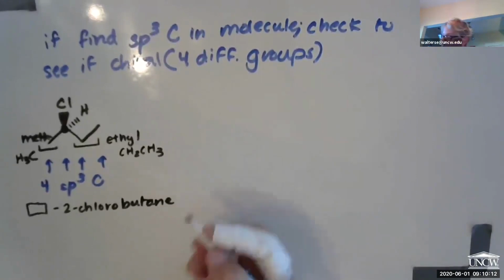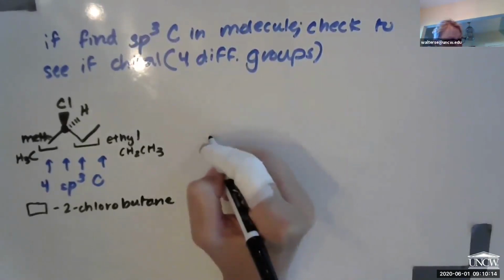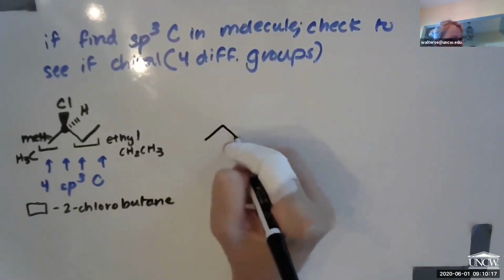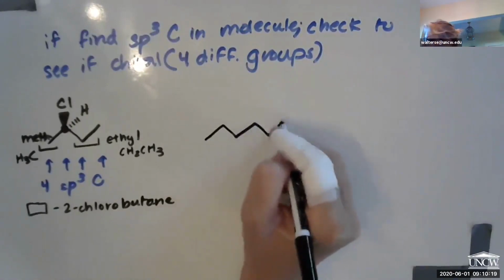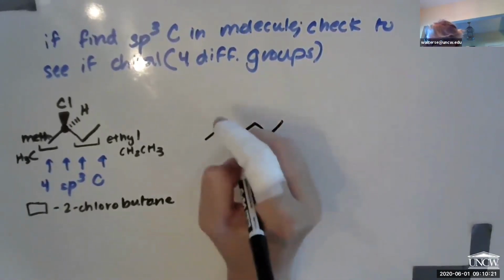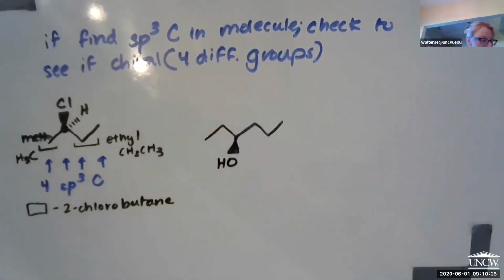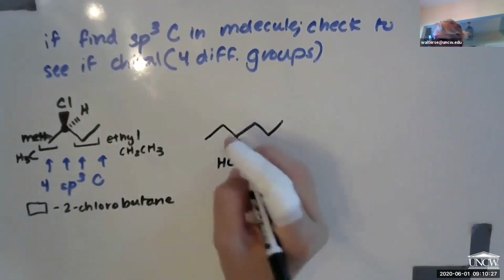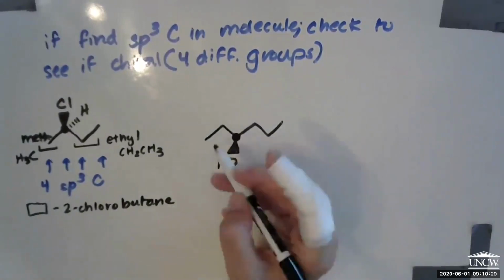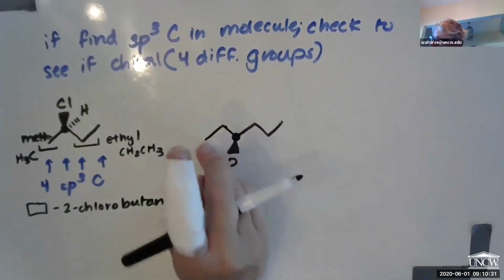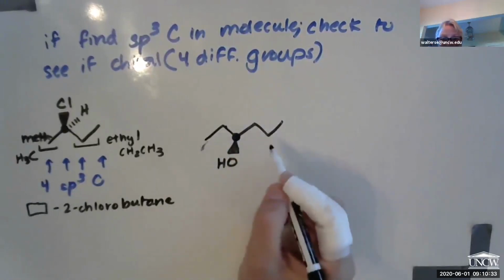All right, so the next one on the list, or on that slide, 2, 3, 4, 5, 6, has an OH here. So this is an alcohol. Again, this is the chiral carbon, even though all of these carbons are sp3 hybridized.